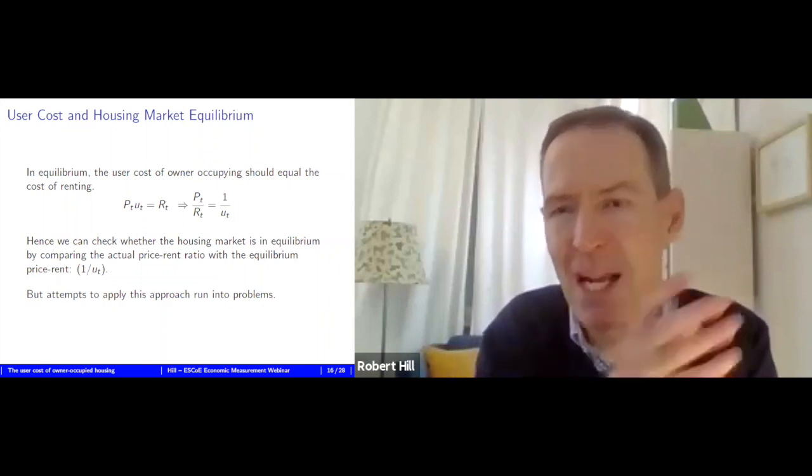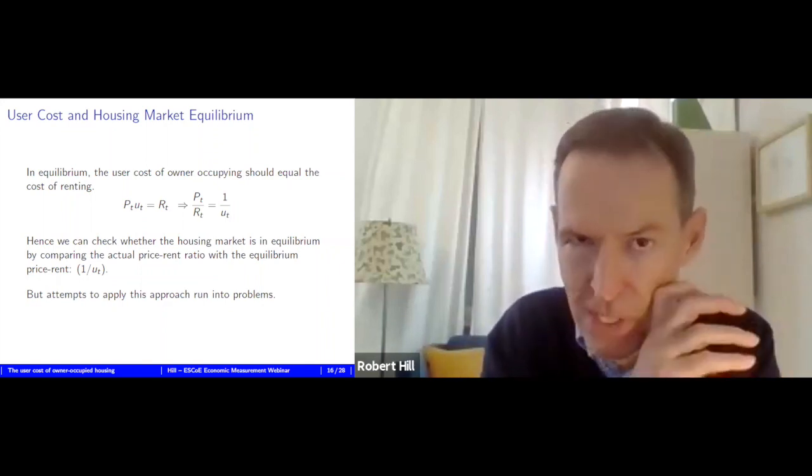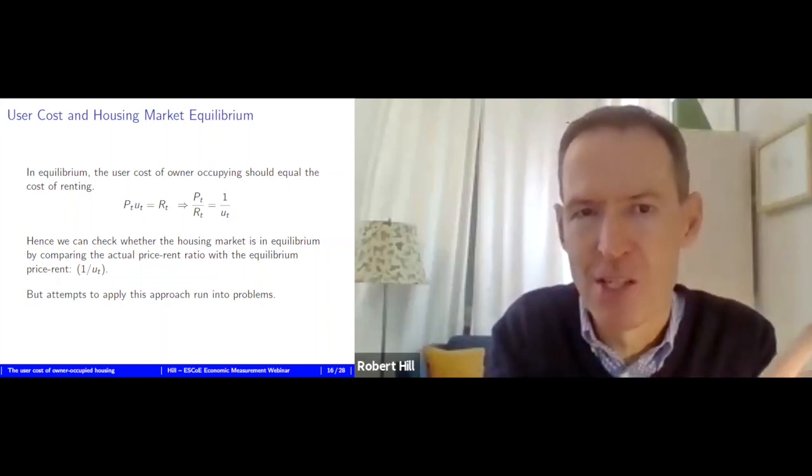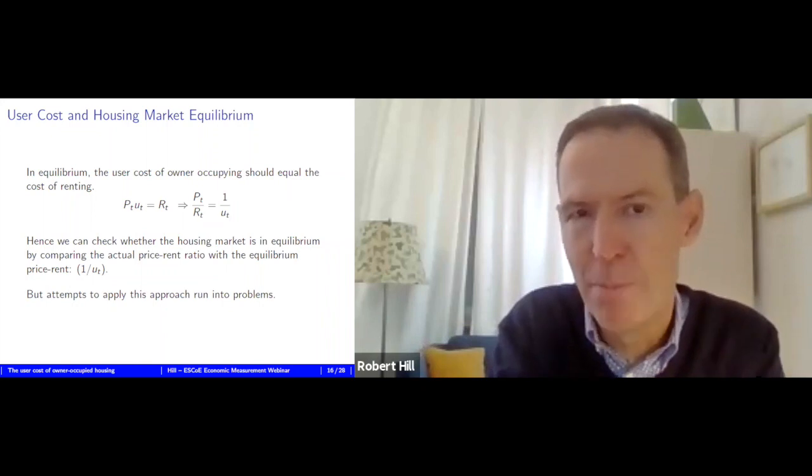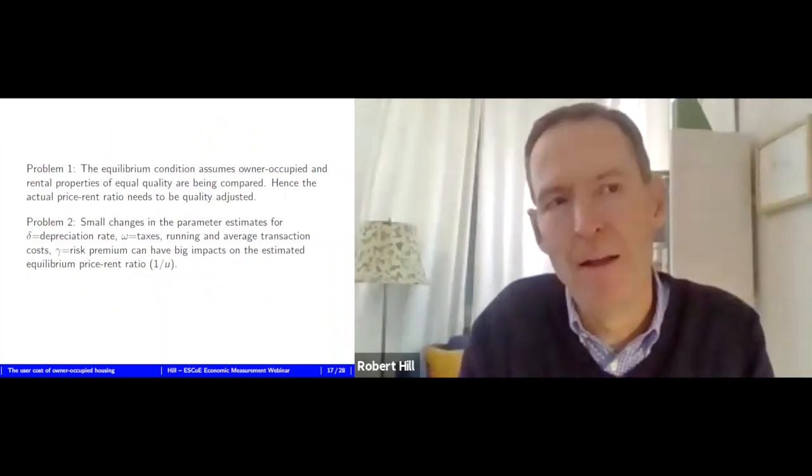Let me rephrase it. The problem is when you compare the actual price rent ratio and there's a quality mismatch between the average price and the average rent. So your actual price rent ratio has quality bias in there, and then it won't be right to compare that with your equilibrium price rent ratio. That's more the point.